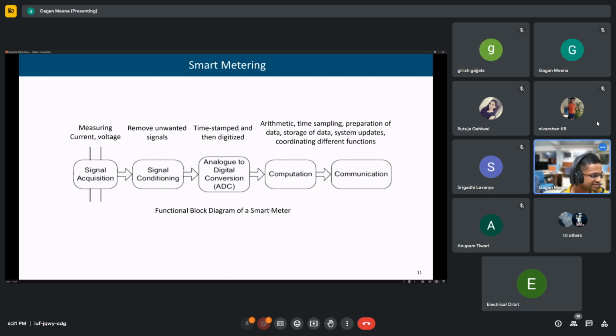Although it adds to the cost of the infrastructure, for the backup, wired is always reliable. If you want to increase the reliability, we can have two types of communication. Just as in power system protection, we always have backup. There is primary protection, then we have backup protection. Backup of backup is also there, but increasing these backups adds to the cost of the system.